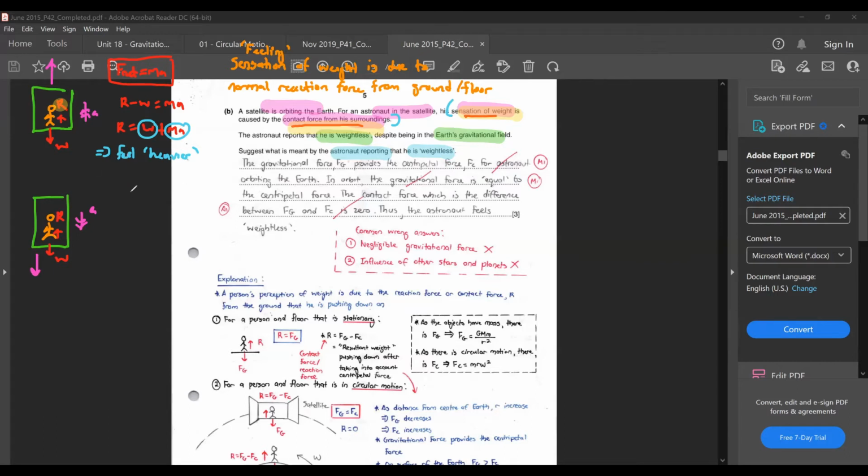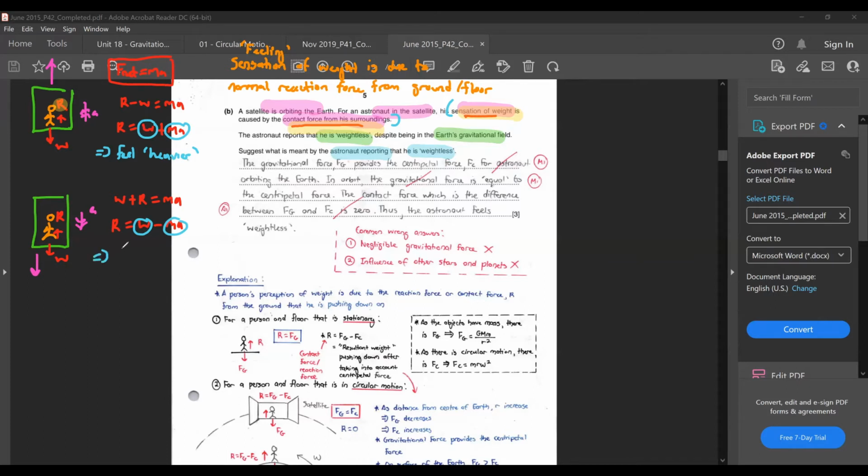So again, if I apply F net equals ma, I will get W plus R equals ma. But this time my R is actually W minus ma. Notice that ma is being subtracted off from W. You're going to end up with something less than W.